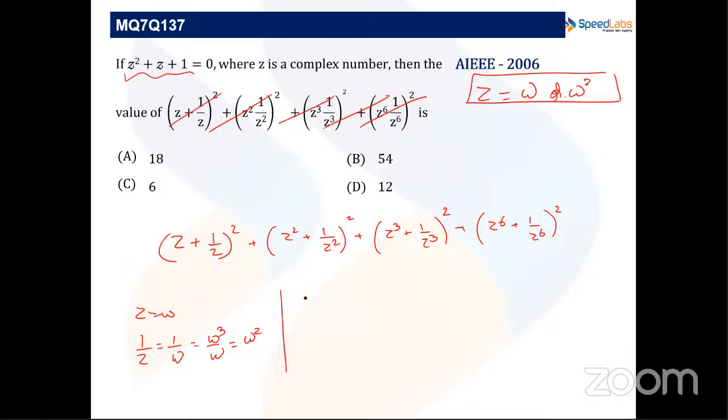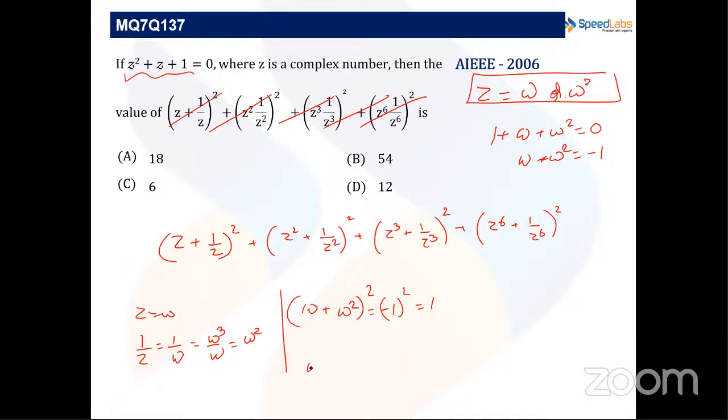So z plus 1 upon z will be omega plus omega square, and we know the property of roots of unity, that is 1 plus omega plus omega square equals 0. So omega plus omega square is minus 1. So the first term we are getting is this, so its whole square will be minus 1 square.